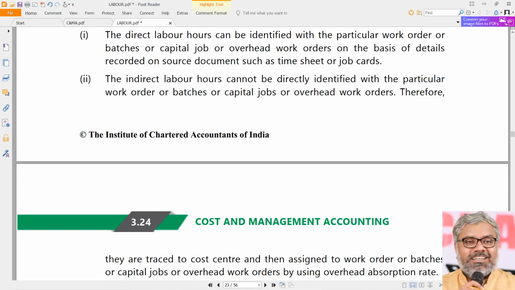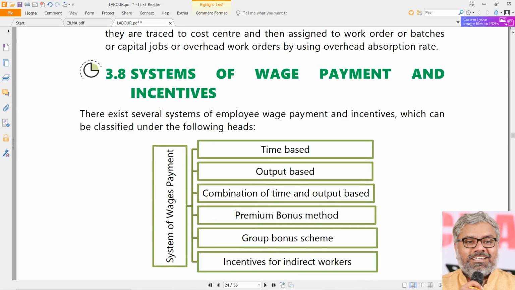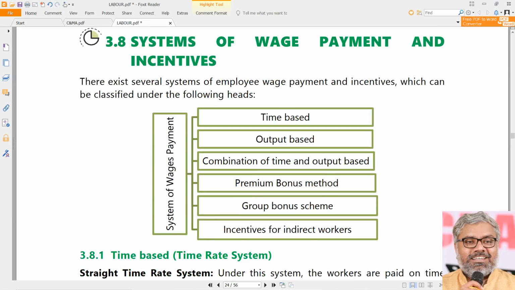Of course, sometimes if there is any work done on capital jobs, that should not be charged to the normal cost of production, that should be charged to the asset. For example, if a portion of the labor, a part of our own labor, is working for construction of our own building, that is not production for us.